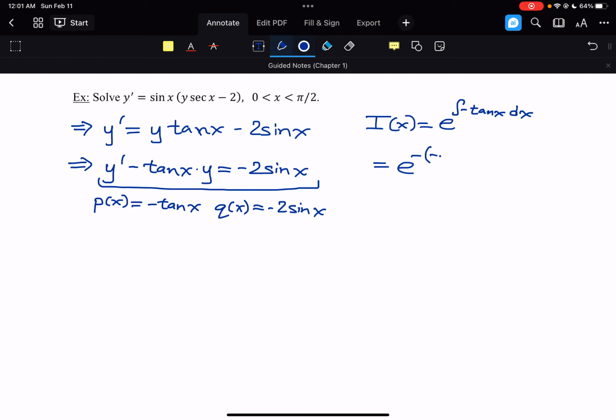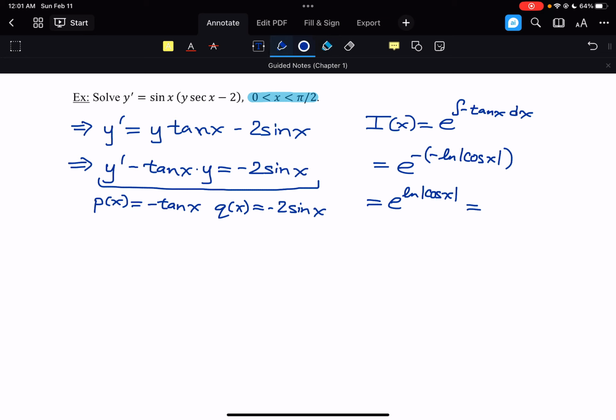So that's negative ln of absolute value of cosine of x. The two negatives cancel, so we have e to the ln of absolute value of cosine of x. E and ln will undo each other because they're inverses, so we're left with the absolute value of cosine of x, but notice the domain.